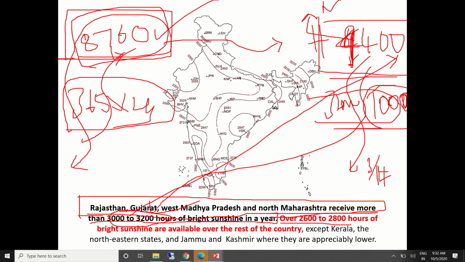On an average, 2600 to 2800 hours of bright sunshine are available in the rest of the country. Here we get a little extra, and in some parts slightly less, except Kerala and the Northeast, where daylight is slightly less than in the rest of the country.